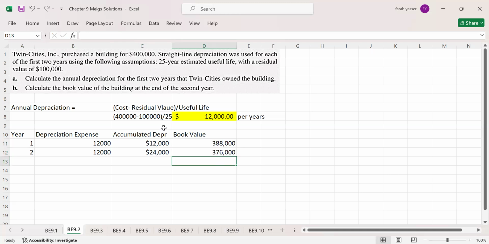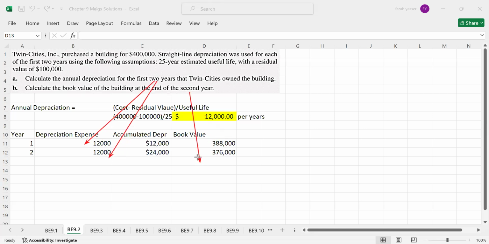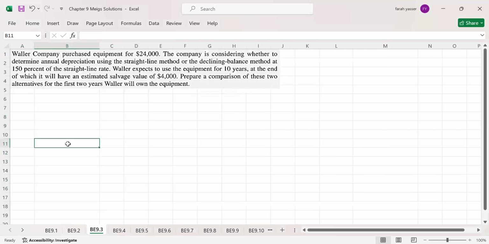That's it. This was requirement number 2, to calculate the book value. So we have calculated 2 years depreciation, which is required in one requirement, and second year book value, which is required in part B.